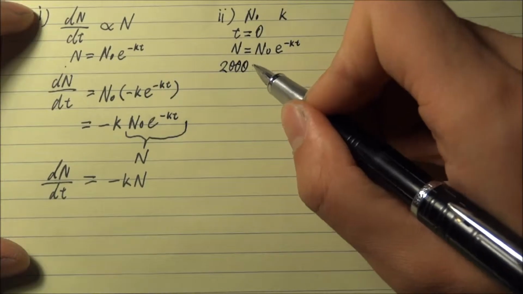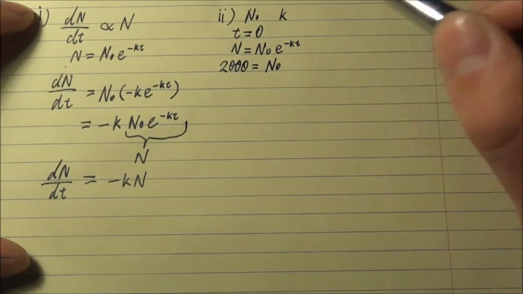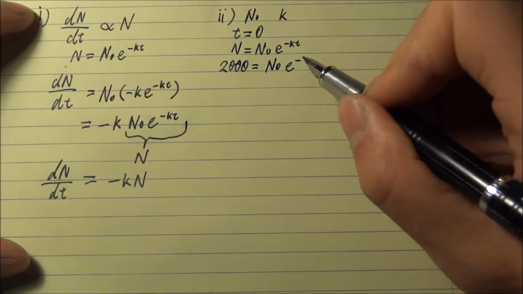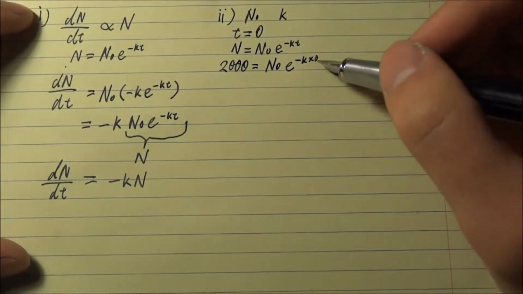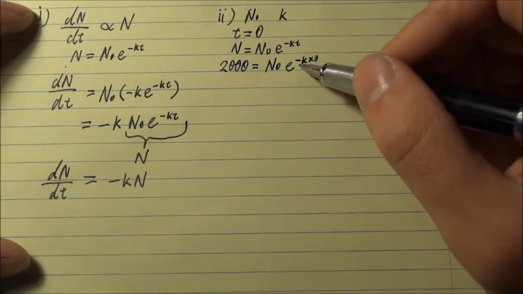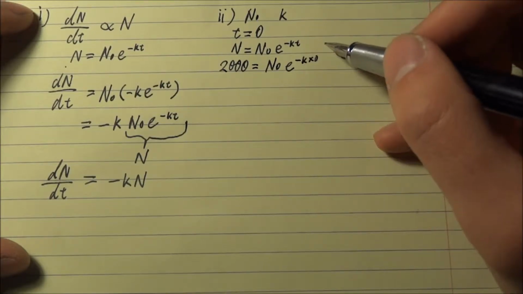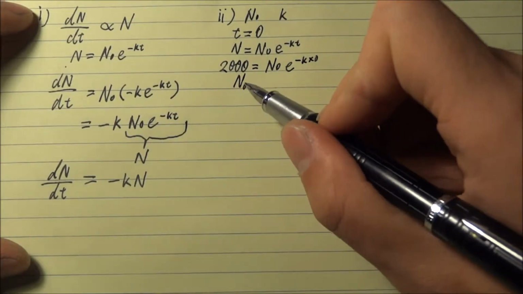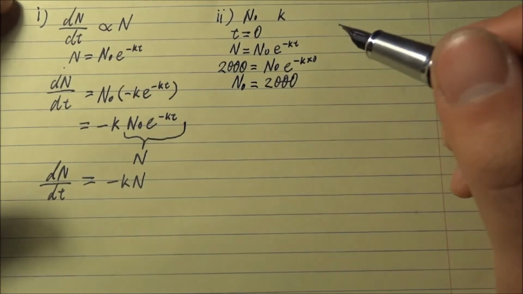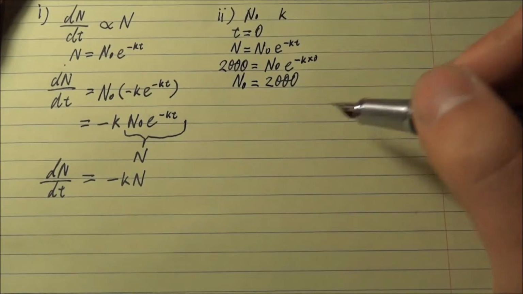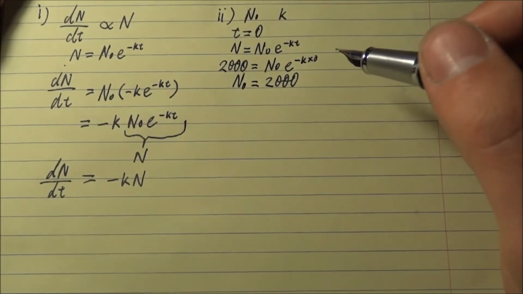So 2000 equals N naught e to the power of minus k times 0. Obviously, minus k times 0 is 0, e to the power of 0 is 1, so N naught is simply 2000, which you can tell pretty much without going through the steps, but this is just to show you how it works.